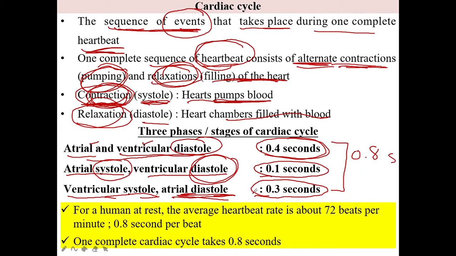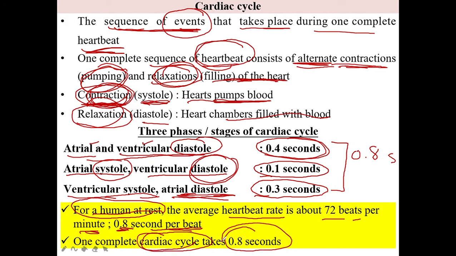Alright, so for a human at rest, bila human tengah berehat, average heartbeat rate is about 72 beats per minute. Okay, at 0.8 second per beat. So satu complete cardiac cycle will take around 0.8 second.